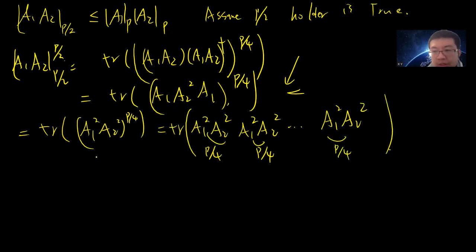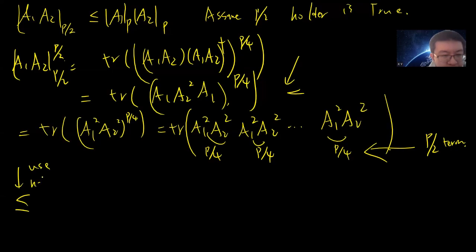So this is the mystery part. Total how many terms do we have? We have p divided by 2 terms. So we can start from here and use the Holder inequality again. Here is basically the trick. Use Holder again.